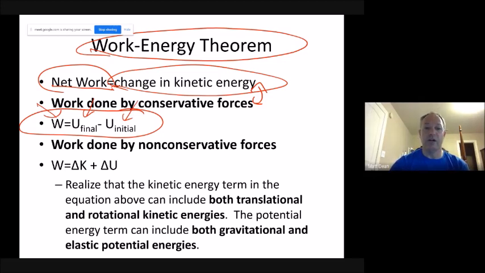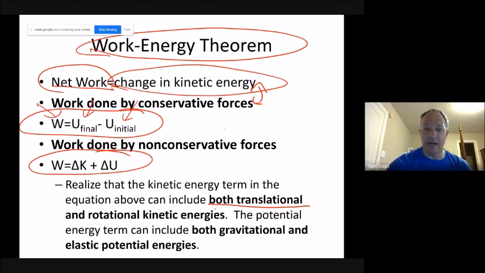When we're dealing with non-conservative forces, we might also think of it this way: change in kinetic plus change in potential is equal to the amount of work done. Like I said a minute ago, realize that the kinetic energy term in the equation can be for both translational or linear and rotational kinetic energies.